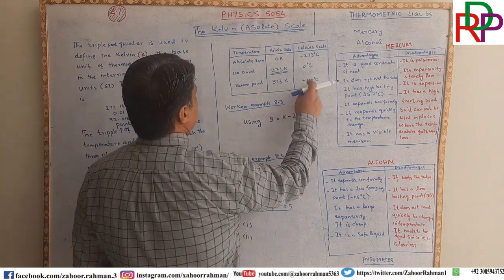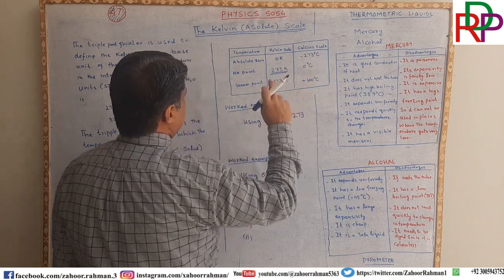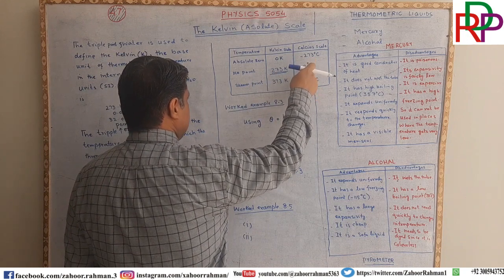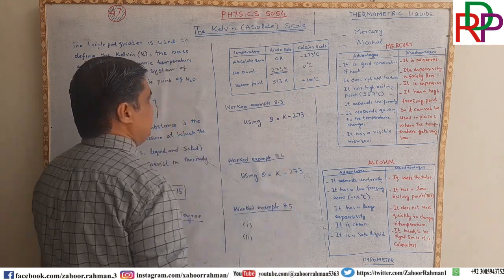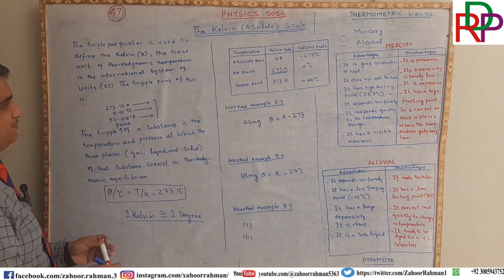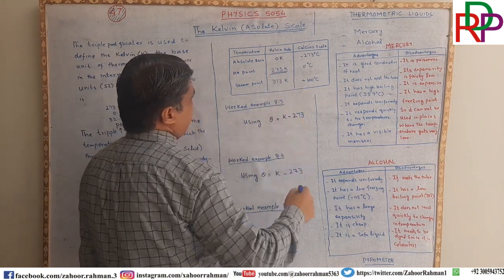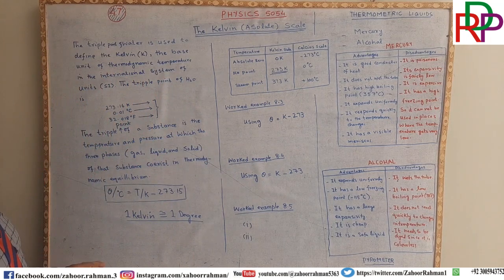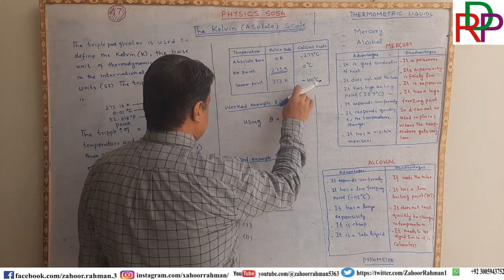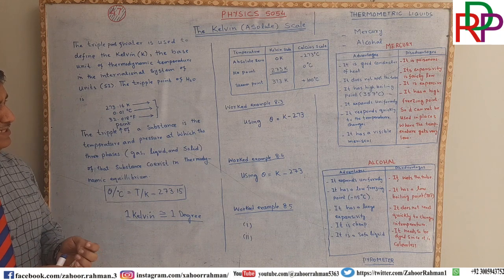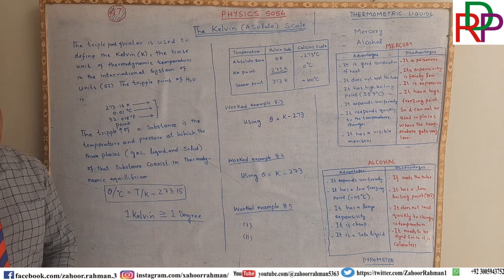But now, when 100 is added to 273, it means 100 will be added to 273, so 373 Kelvin will be the steam point of pure melting water.